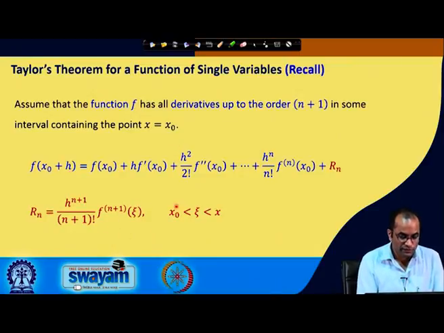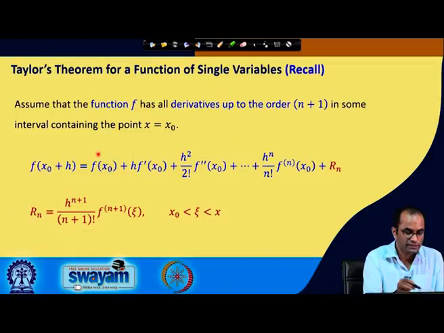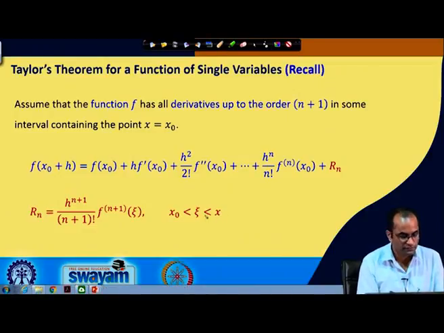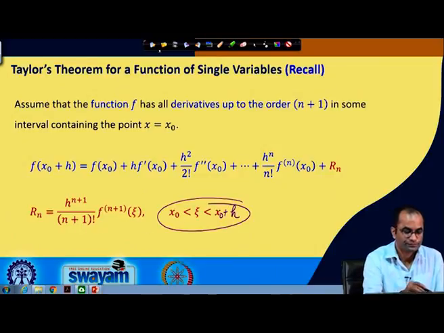So, this point xi, where we have evaluated this n plus 1 derivative, is not known, but it exists and it is somewhere between x 0 and x 0 plus h. So, this is the point between x 0 and x 0 plus h.